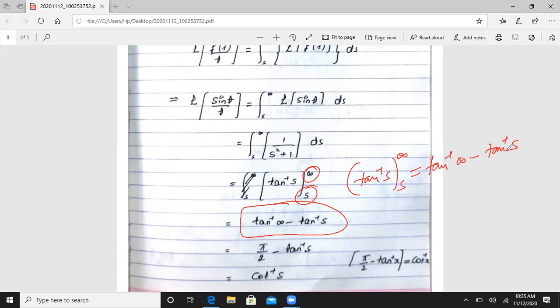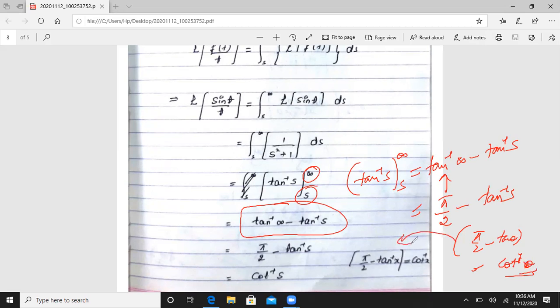Tan inverse of infinity is pi by 2, minus tan inverse of s as it is. You already know pi by 2 minus tan inverse of theta is cot inverse of theta.